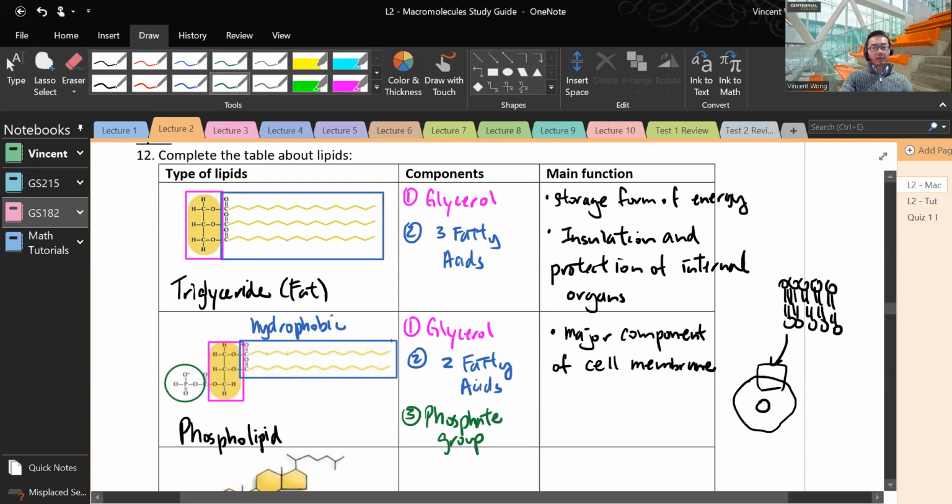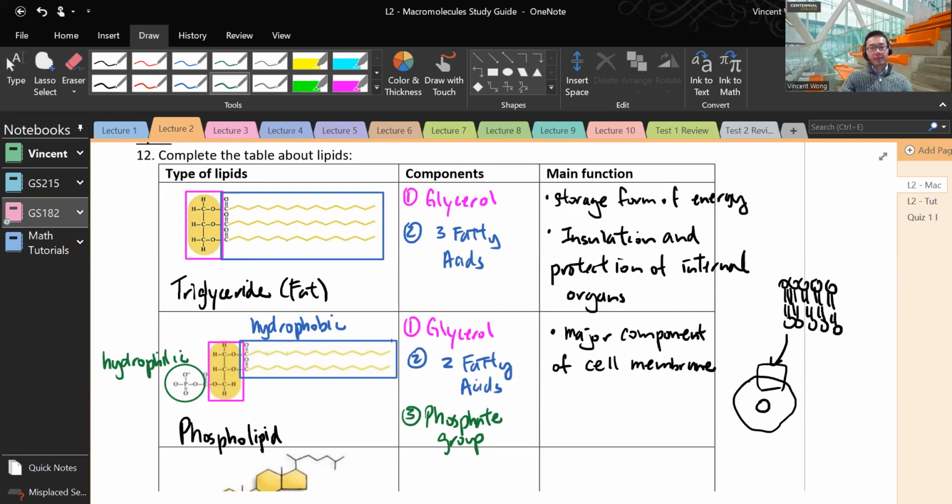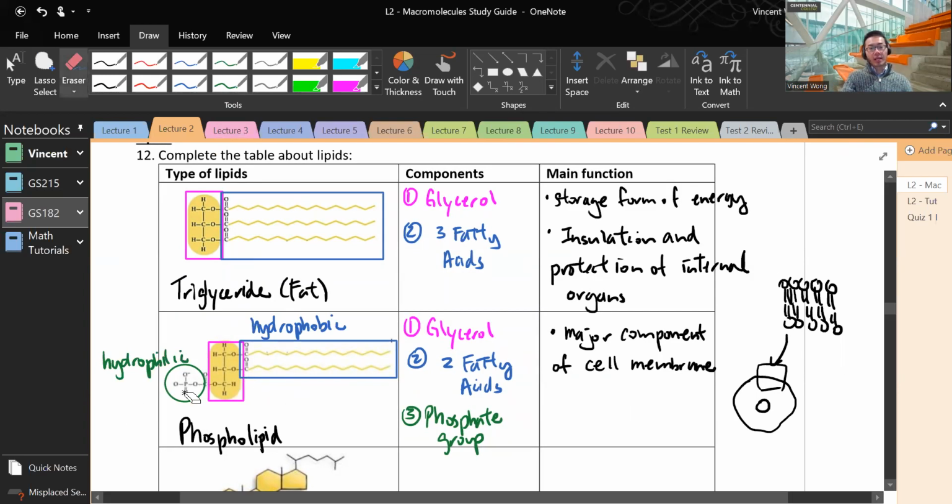They do not interact well with water. And then the head here is hydrophilic. So the molecule has two opposite properties on opposite ends.